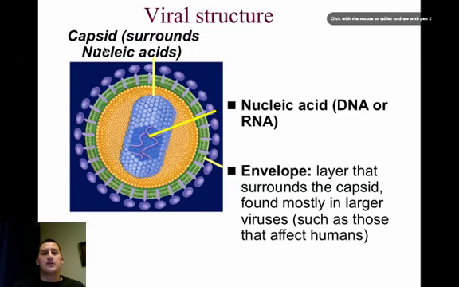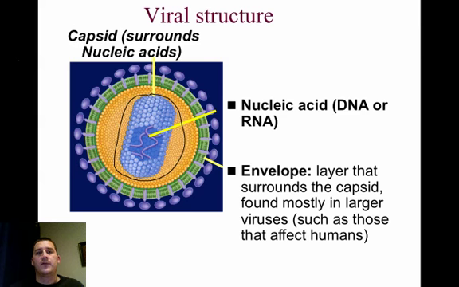So, continuing on with viral structures. We have a capsid. These capsids are going to surround the nucleic acids. So I'm going to circle the capsid here. It's going to be this big blue pill-looking thing in the middle of the viral structure. Inside of this is going to be the DNA and RNA. So the capsid is the big blue thing. The little pink, purple squiggly lines going through it are going to be the DNA or RNA, depending on what type of virus it is.